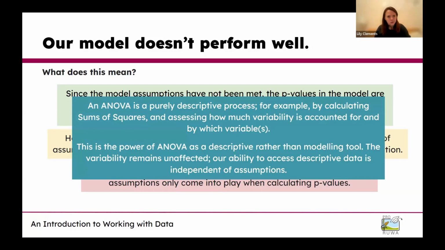So the conclusions we've seen from our ANOVA are actually not affected, or not as affected, by the fact that our model doesn't fit well. These ANOVAs are descriptive, and look at how much variability is accounted for.